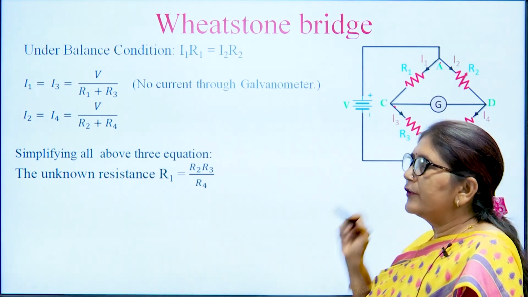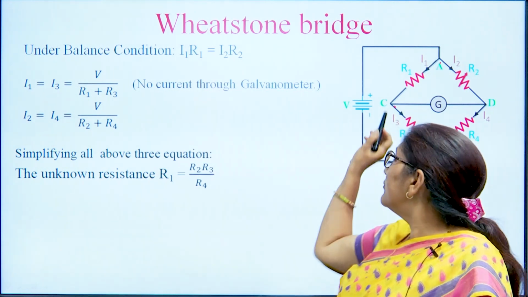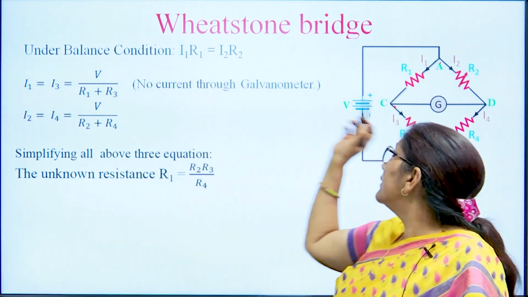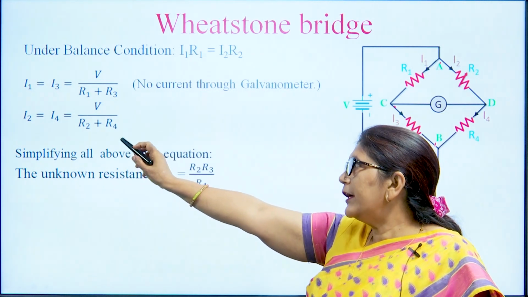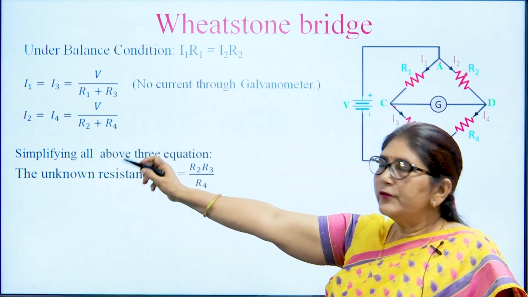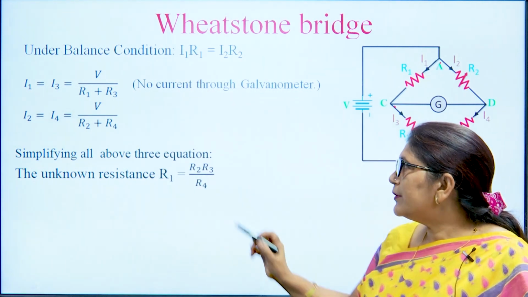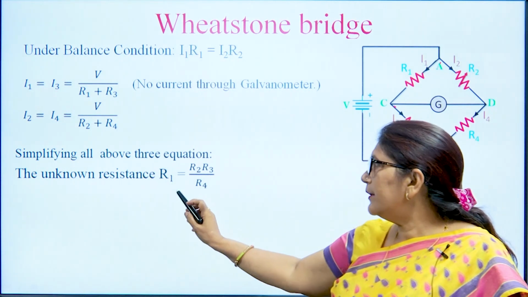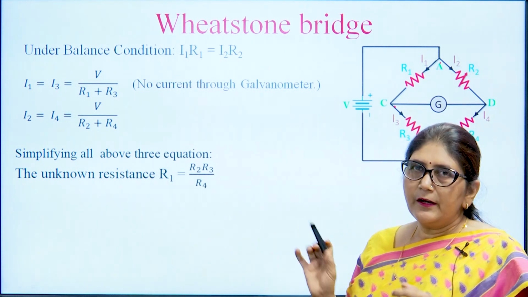So, I1 and I3 are the same, and equal to the total voltage V divided by the total resistance, that is R1 plus R3. Similarly, we can find I2 and I4. I2 is equal to I4, which is equal to V divided by R2 plus R4. When we simplify these equations, we get R1 is equal to R2 into R3 by R4.